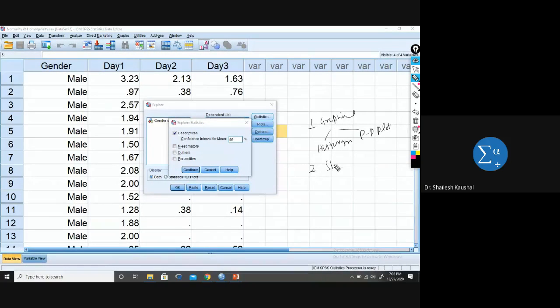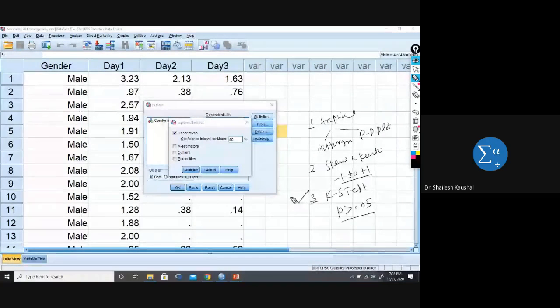The second way is the values of skewness and kurtosis, which should be between -1 and +1. The third way is the KS test, and its value should be greater than 0.05, meaning non-significant. Generally we report the KS test in our research papers and theses. The graphical display and skewness and kurtosis just give an idea about whether our data are normally distributed or not, but the test confirms whether our data are normally distributed or not.